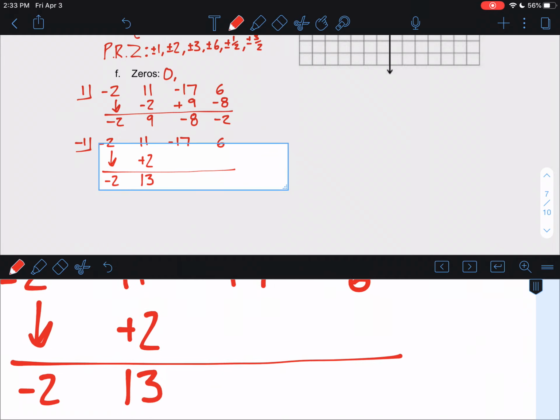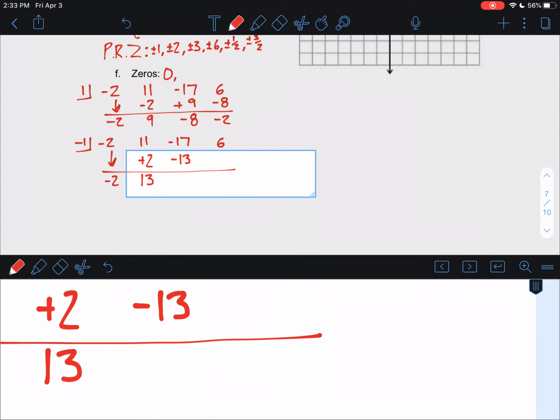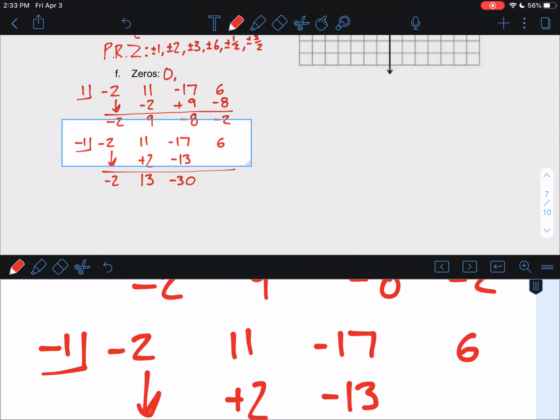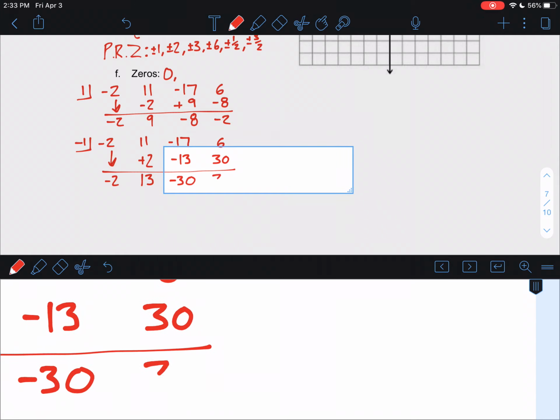Negative 1 times 13 is negative 13. Negative 17 minus 13 is negative 30. And then I have negative 1 times negative 30 is positive 30. 6 plus 30 is 36. So since 36 isn't 0, that means negative 1 is not a 0 of this polynomial.